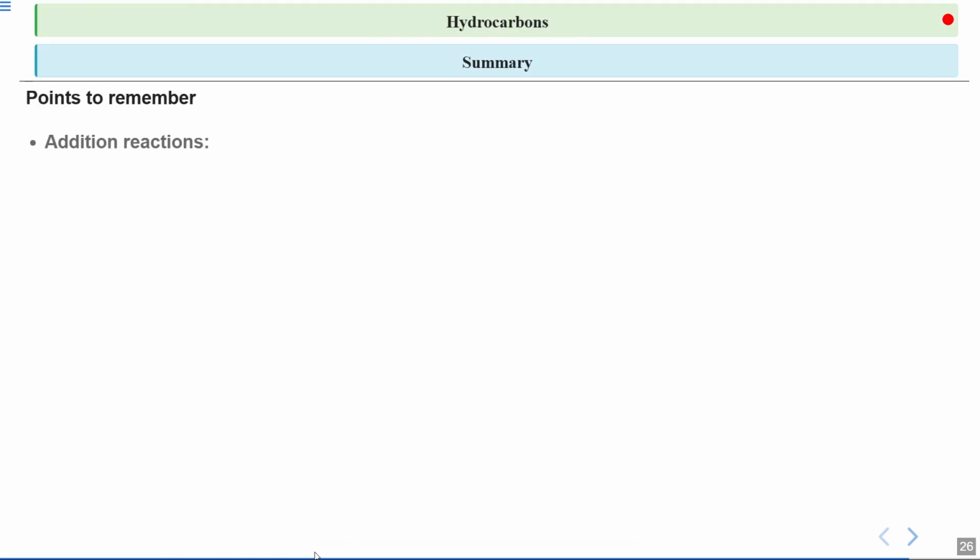Now next, we have some addition reactions as well. We talked about hydrogenation of benzene, in which a benzene ring is directly converted to cyclohexane in the presence of high temperature, or in some cases high pressure also. We require nickel as a catalyst, and hydrogen is added to create a completely saturated compound, which is cyclohexane.